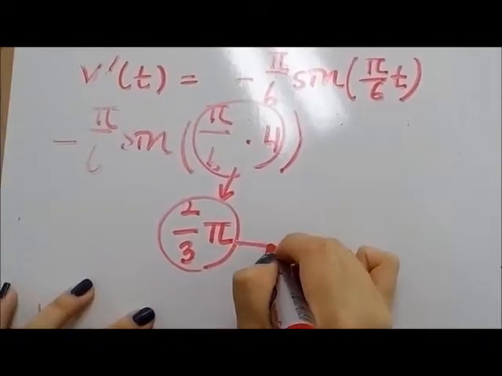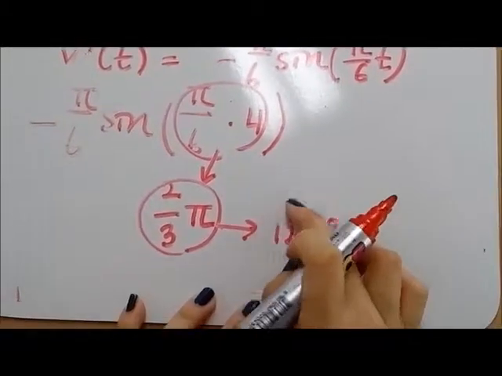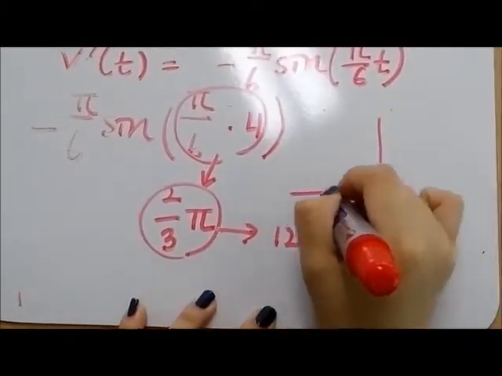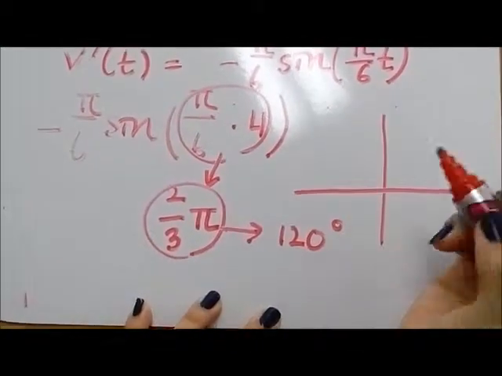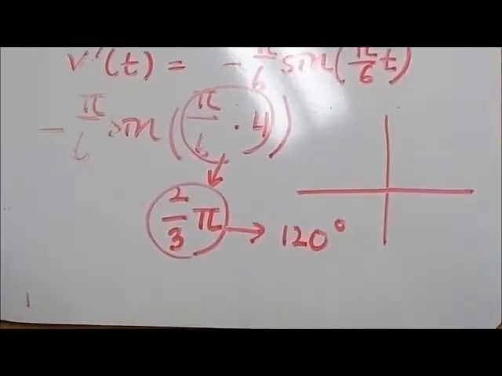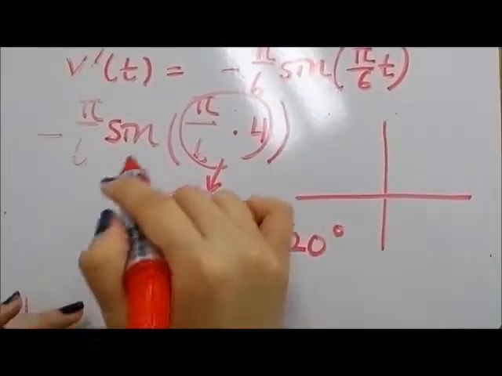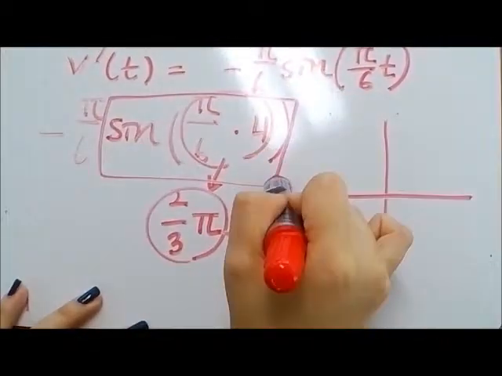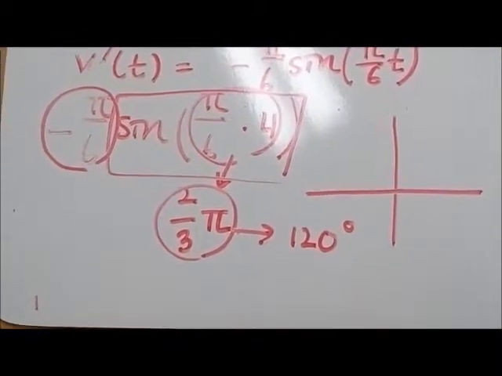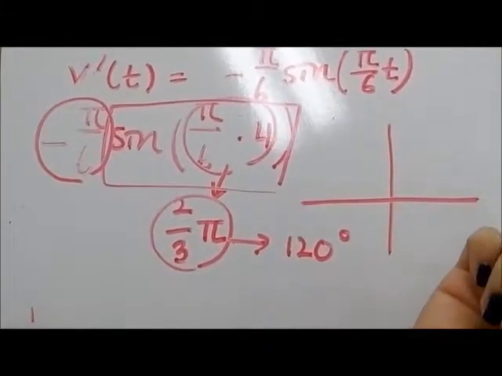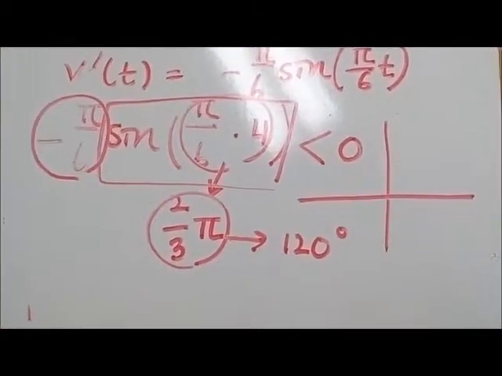The degrees would equal 120 degrees, and when the degrees equals 120, then it would be in the second quadrant, which would have sine as the positive value. So since the equation has sine in it, it would have a positive value for this part, but a negative value since there is a minus pi over 6 in front of the equation. Thus, the equation would have a value that is smaller than 0.